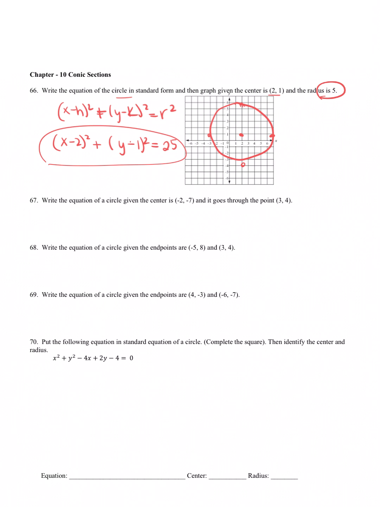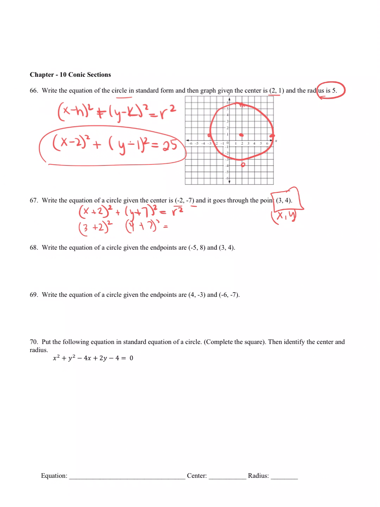Okay, write the equation of a circle given the center is this, so you immediately know it's x plus 2 is being squared, and you have y plus 7 is being squared, and you know this is equal to the radius squared. And to get the radius, you have to use this other point. This point represents an x and a y, so you'll substitute that in for the x and for the y, and you're going to get this.